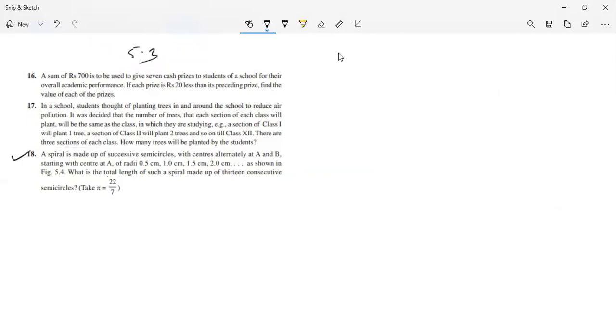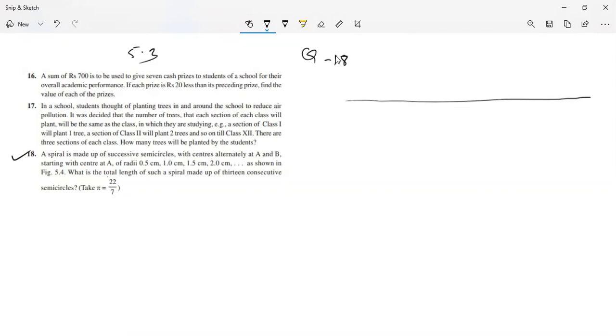Question number 18. Now question number 18 is somewhat different from other questions. You can say a spiral is made up of successive semicircles. Semicircles means if you take a straight line, one line like this, suppose.